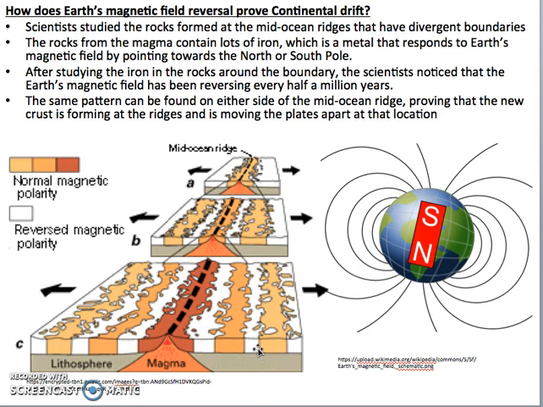And basically, because the same pattern can be formed on either side of the mid-ocean ridge, it helps prove that the new crust is forming evenly on either side, and that it's pushing the plates in opposite directions. And that helps prove that continental drift is happening.